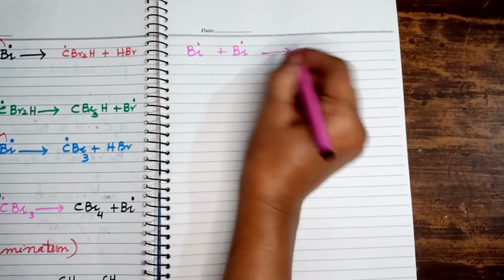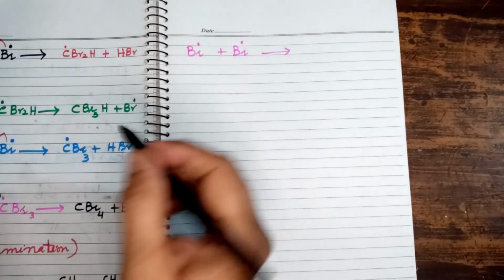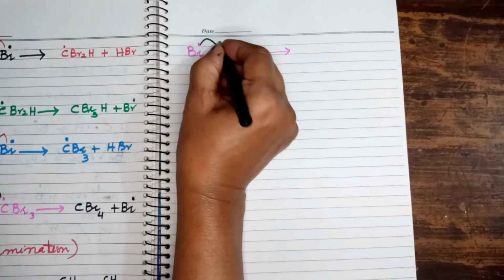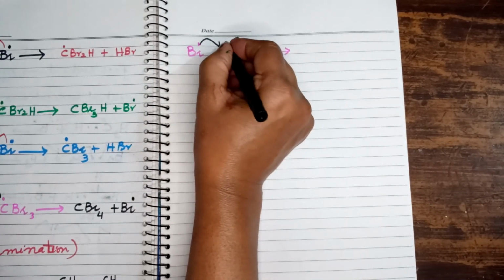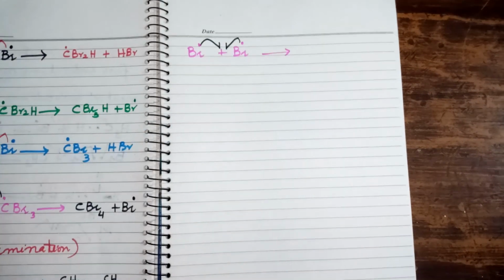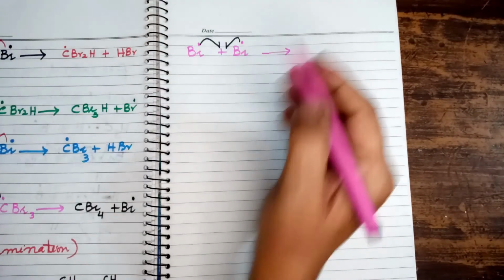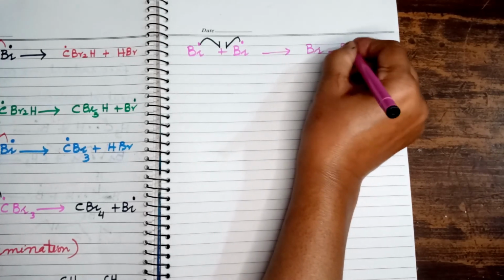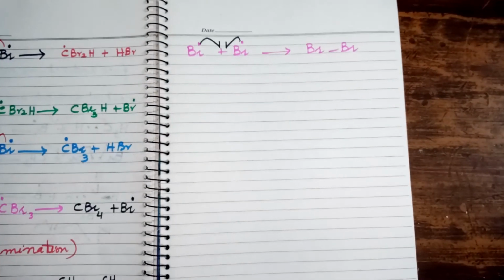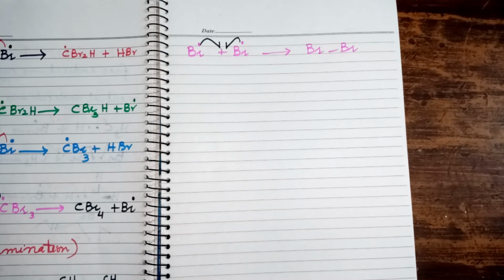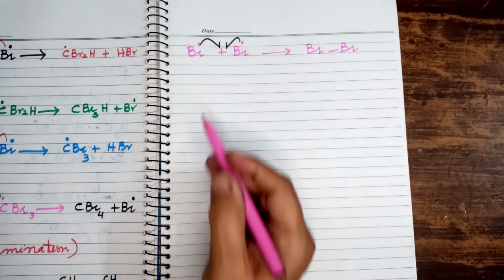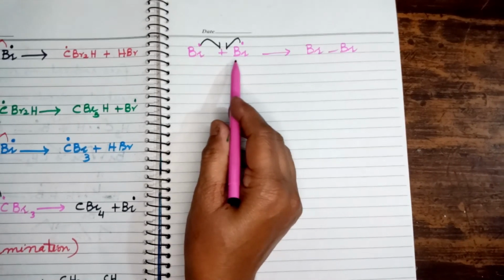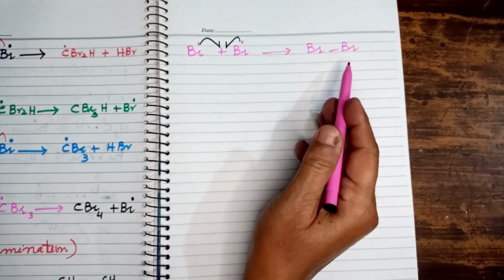They are terminated in such a way that each bromine free radical contribute its single electron over here, and in this way we have a single covalent bond between both the bromine atoms. We get a bromine molecule, right? These are the examples where similar radicals are converted into neutral molecule.